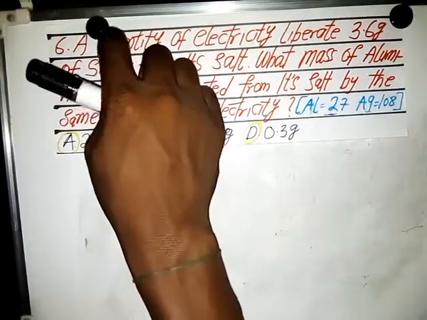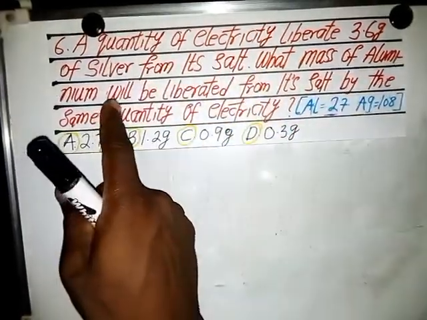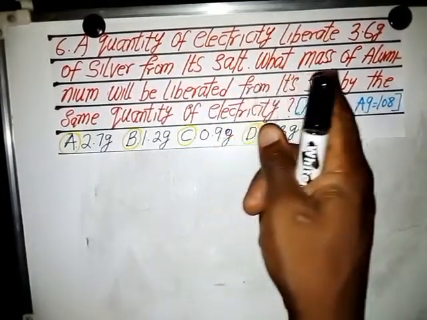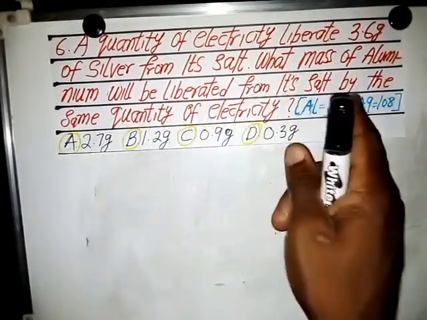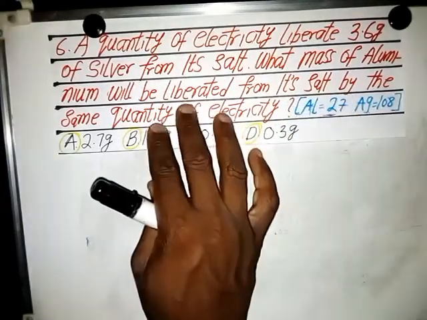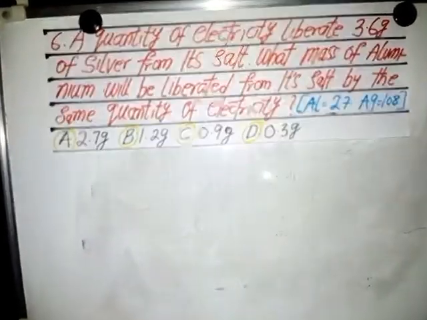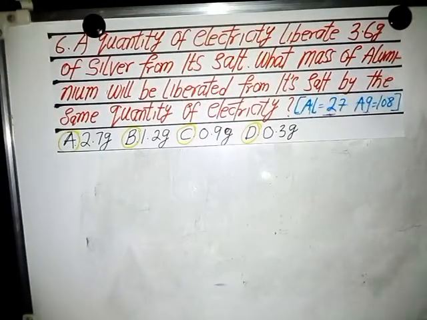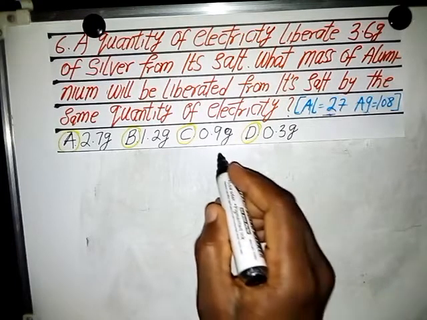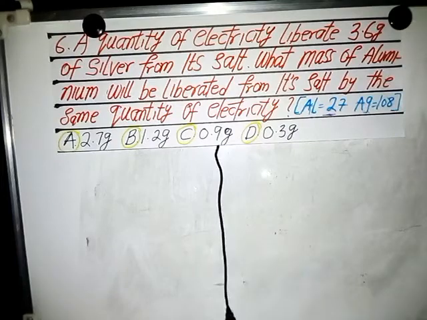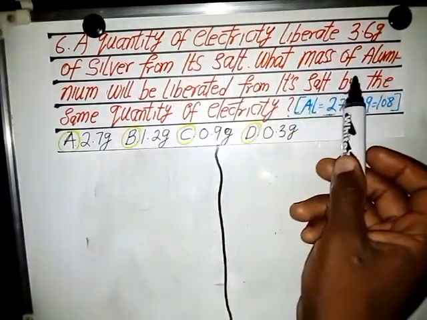The quantity of electricity liberates 0.6 gram of silver from its salt. What mass of aluminium will be liberated from its salt by the same quantity of electricity? So this one, we are solving for two things: silver and aluminium.